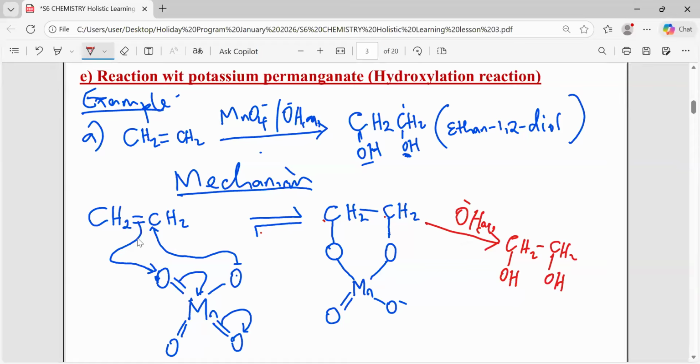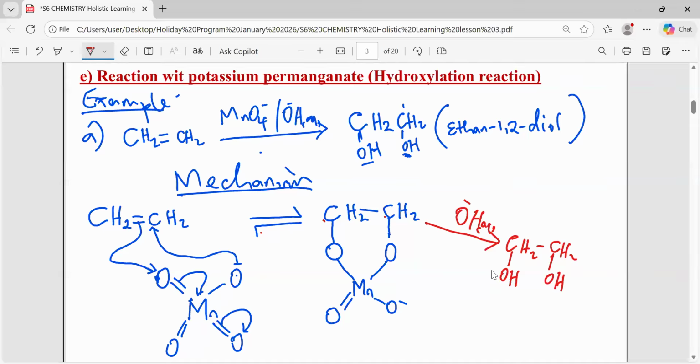At least we do this mechanism from this point. We see how manganese is coming in, and then when we add the hydroxide group, how it breaks off, and then we have the hydroxyl, that diol. So this complex mechanism is the one we don't normally show.